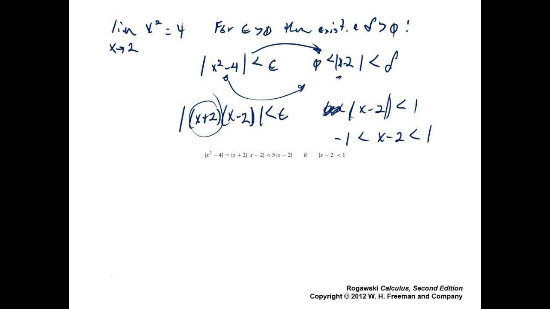That means that negative 1 is less than this, and positive 1 is greater than that. It's got to be between those two. Absolute value less than 1 has to be in there. Well, what we're going to do is add 2 to all three sides of that inequality. So add 2, add 2, add 2. That says that 1 is less than x is less than 3. So x is going to be between 1 and 3. No problem there.